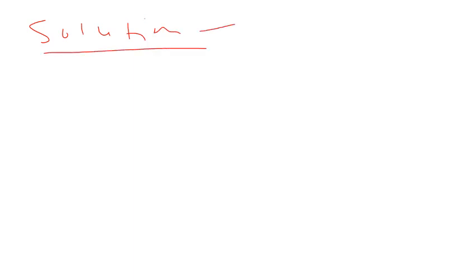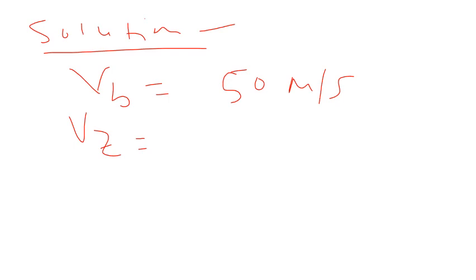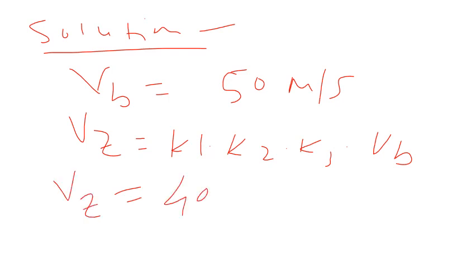So already they have given K1, K2 and K3 from the map. For the basic wind speed, Vb for Madras will be 50 meter per second. So from that you can calculate Vz, right? Vz will be equal to K1, K2, K3 into Vb. So if you plug in the values, K1 is 1, K2 is 0.8, K3 is 1 and Vb is 50, Vz will come to 40 meter per second.